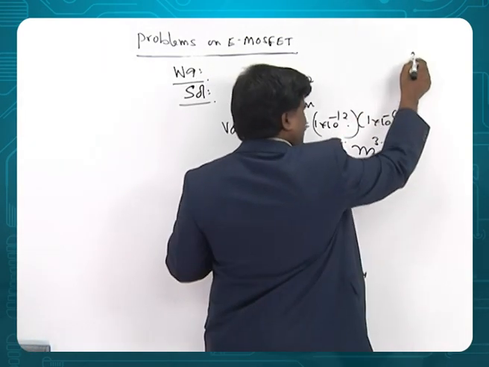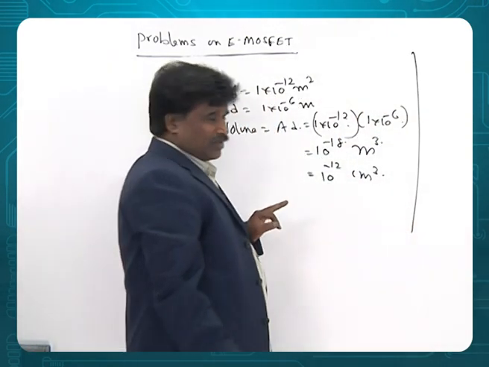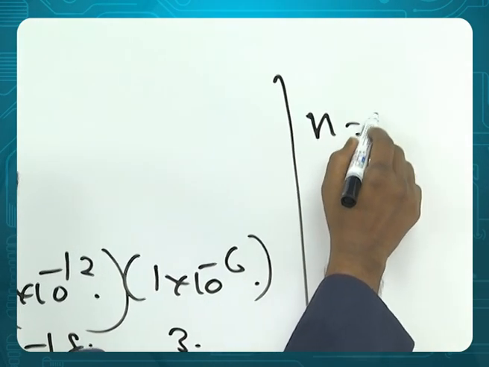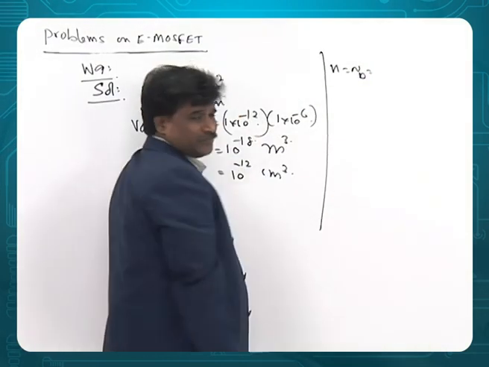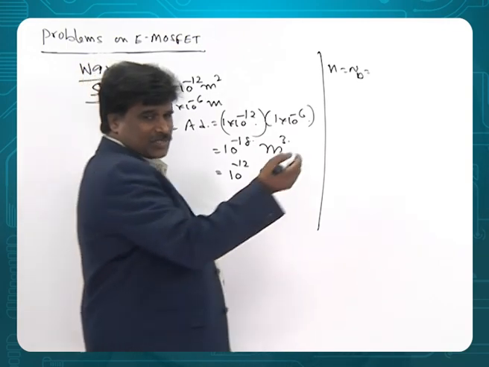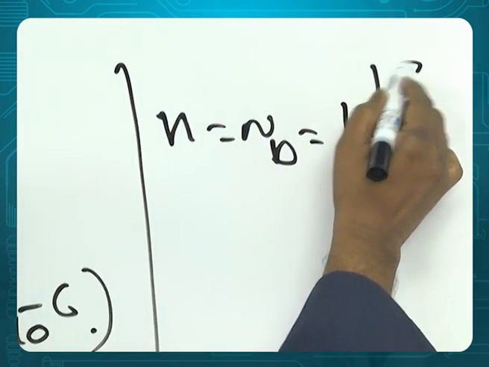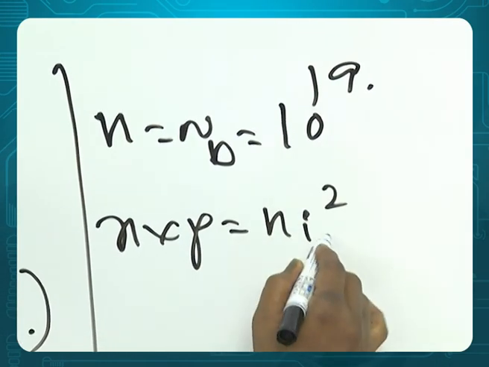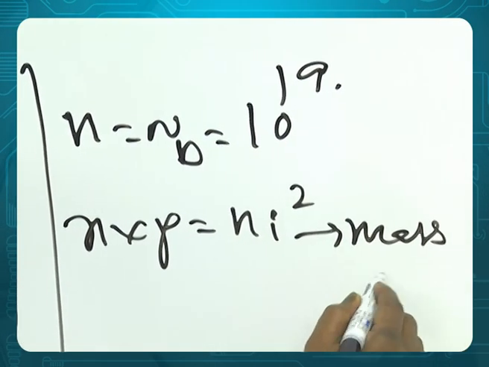The second thing you need to know is the value of N. N or Nd is 10^19. And you know n × p = ni², which we call the mass action law.